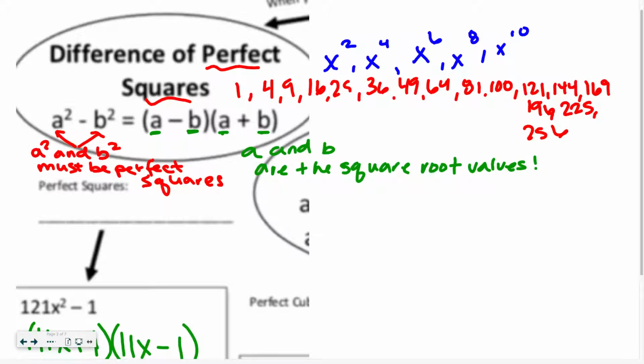What do you want to do? Oh, I see what you meant. Well, I don't think the 4 is. No, because we're doing perfect squares, not perfect cubes.